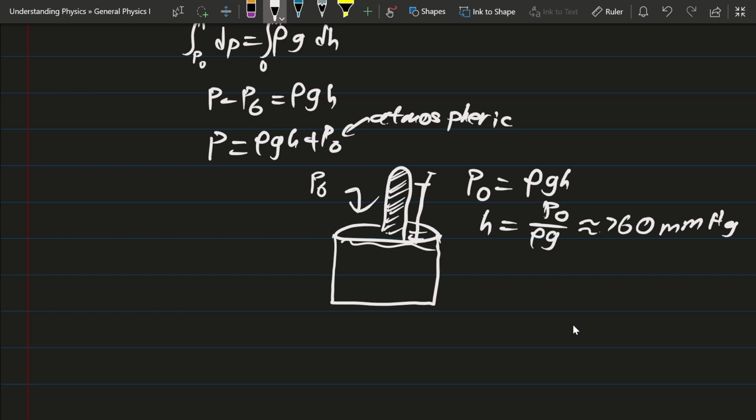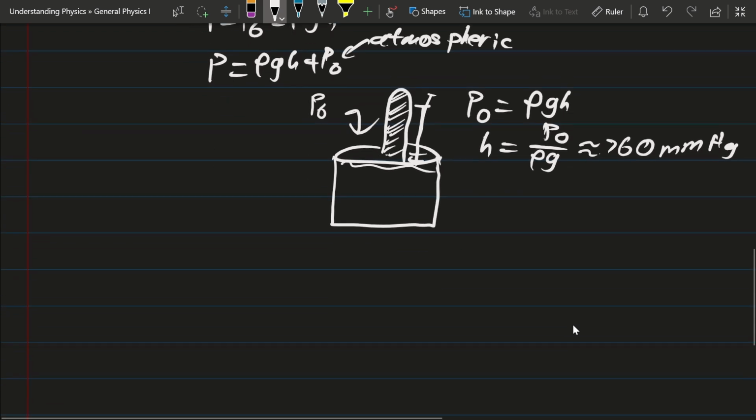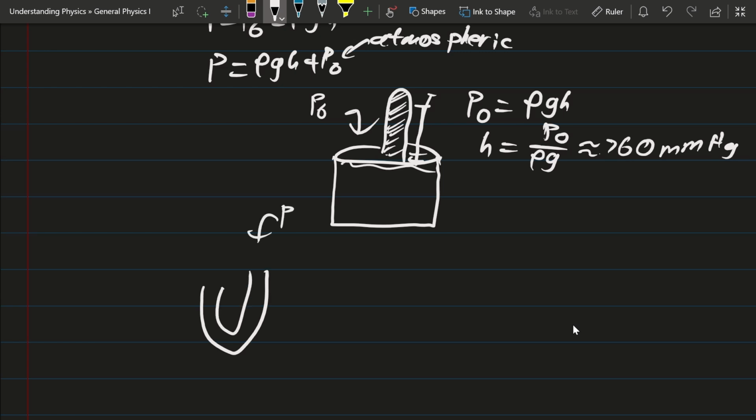And another idea is, if you have, for example, a U-tube here, and then this will experience atmospheric pressure, and this is the pressure that I'm trying to find. So it will later push a little bit of fluid, while in here it will be pushed by this atmospheric pressure.